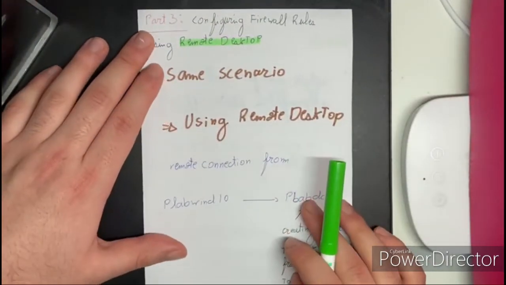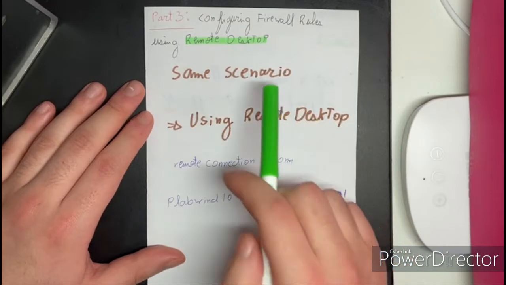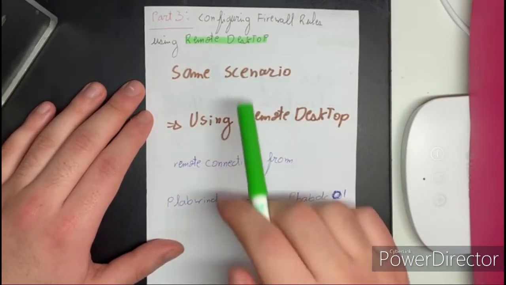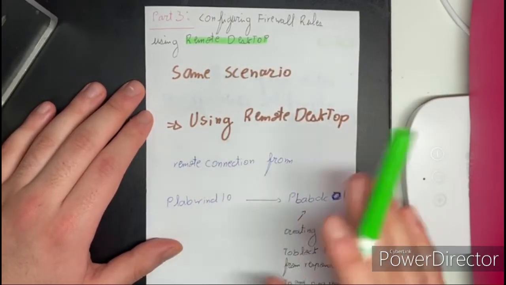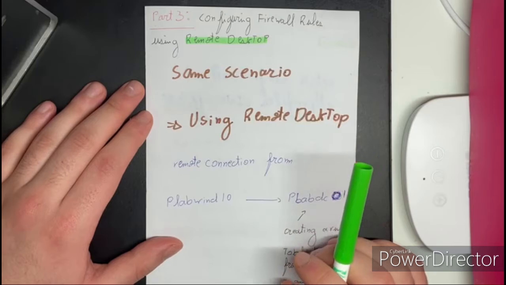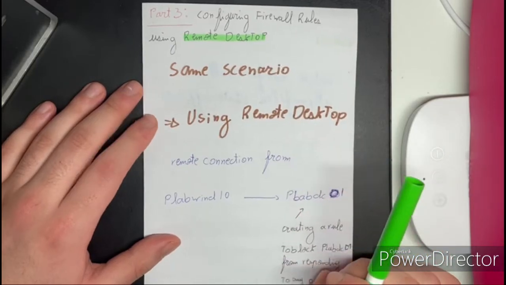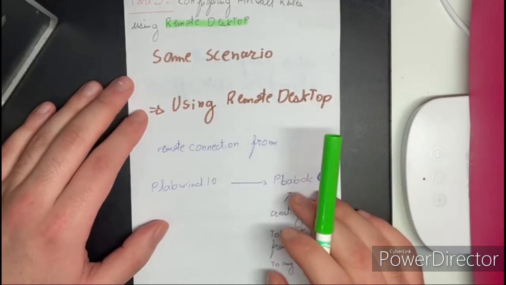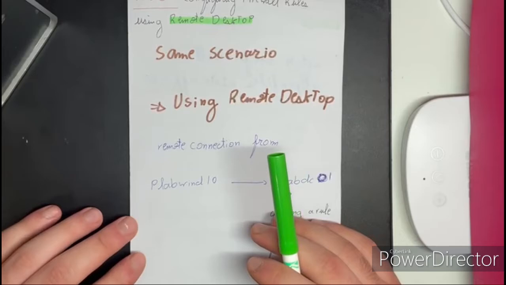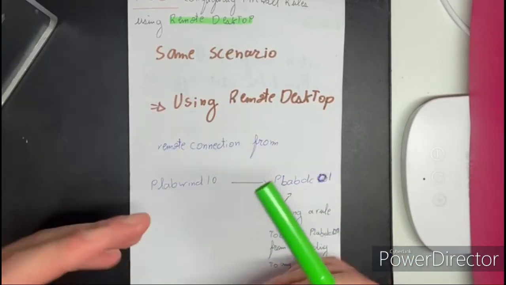That's all. When it comes to part 3, we'll be configuring our firewall rule using remote desktop. It's the same scenario as well, but just to make sure you understand, remote desktop is a built-in feature of Windows XP and later versions.